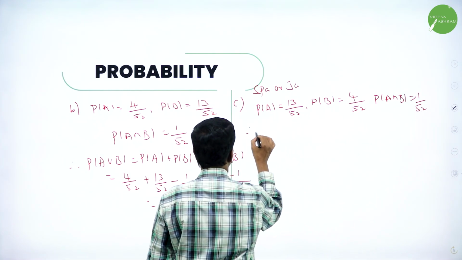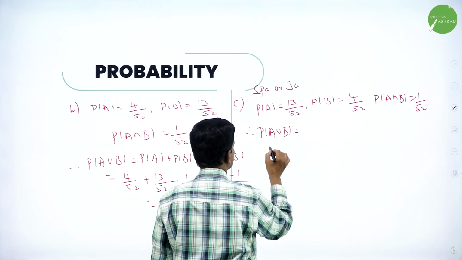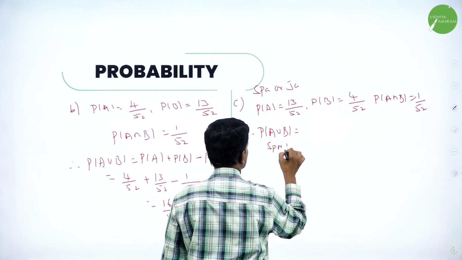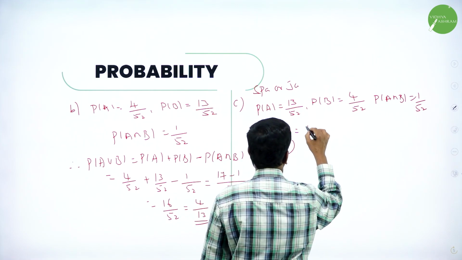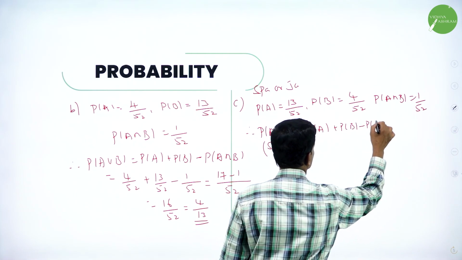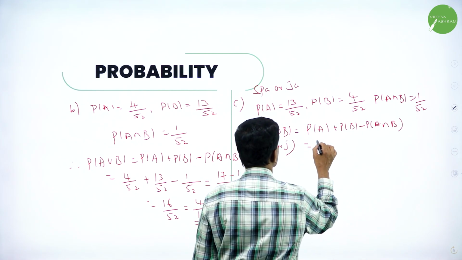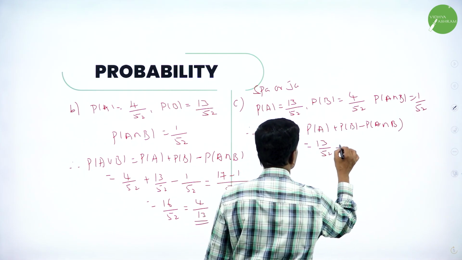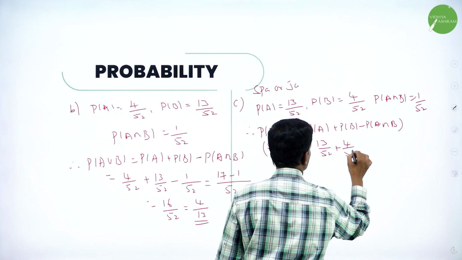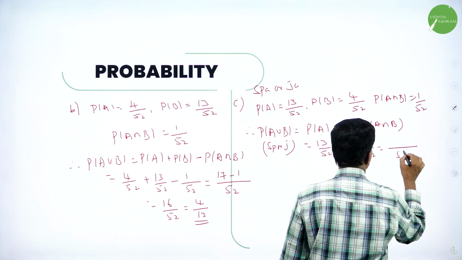So therefore probability of A union B, that is nothing but spade or a jack, is equal to probability of A plus probability of B minus probability of A intersection B. So that is equal to 13 by 52 plus 4 divided by 52 minus 1 by 52. 52 is the LCM.